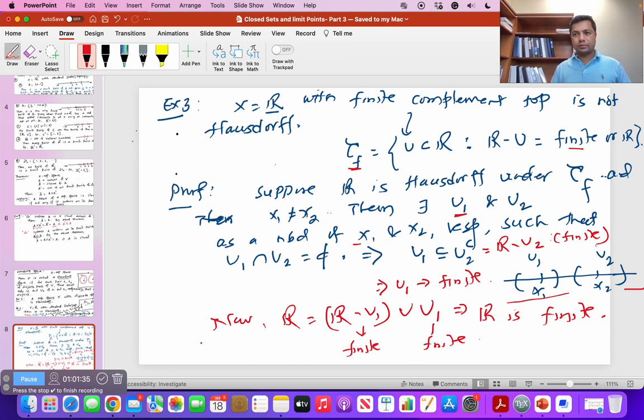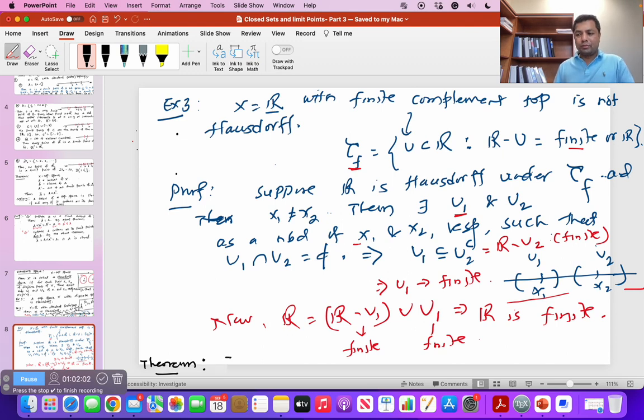Now I'm going to give a statement without proof, and that statement gives the relation of Hausdorff spaces and their closed subsets. Just the statement, and if you are interested in the proof, you can take a look in Munkres' book.